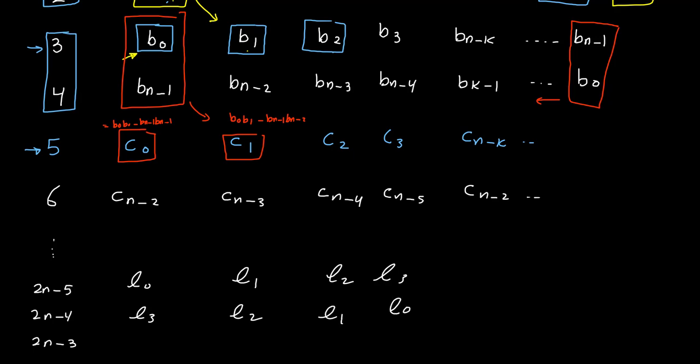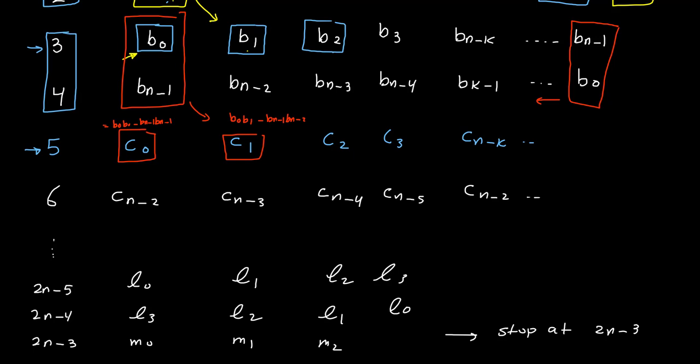Finally, here the last line, let's assume it's M0, M1, and M2, and we will stop at 2n minus 3. So the Jury table will stop at the line 2n minus 3.